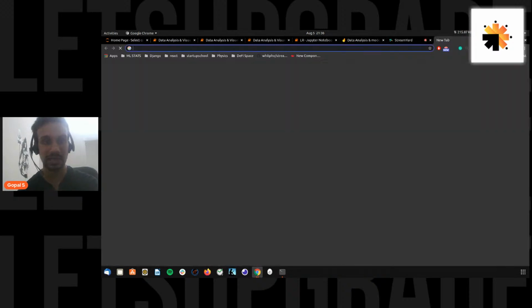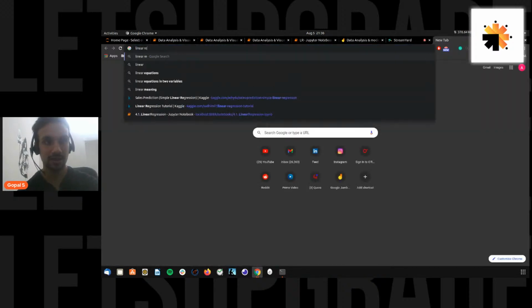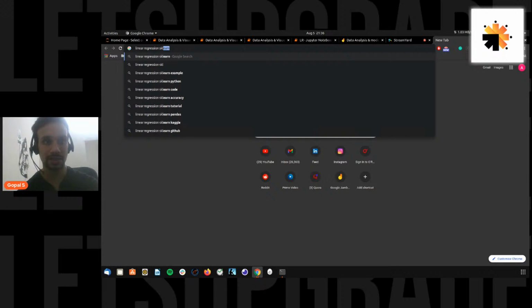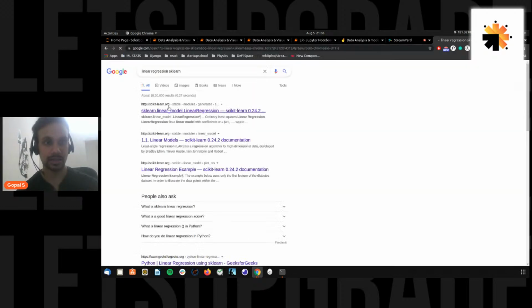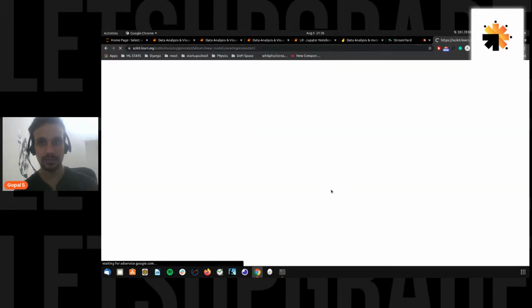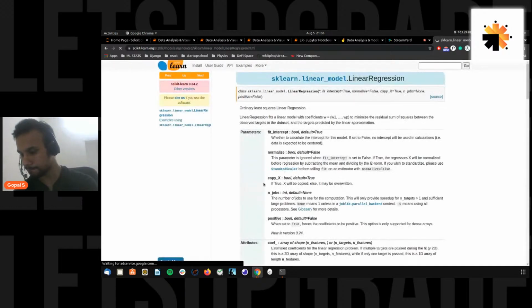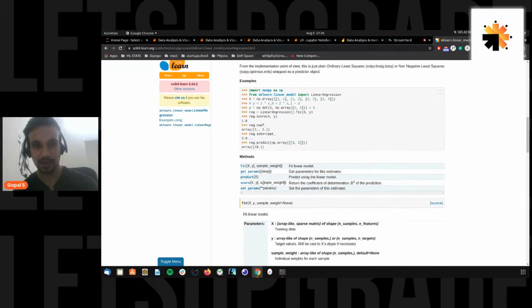Let's check linear regression in sklearn. That is what I was using, reshape, for the predict, and still it is not working.